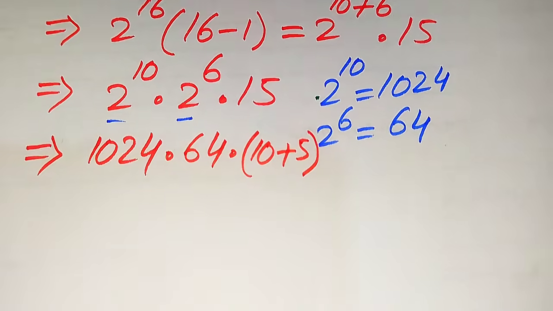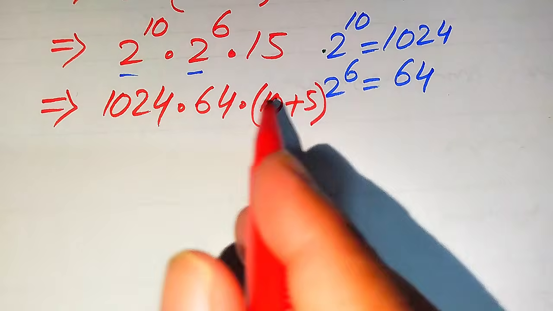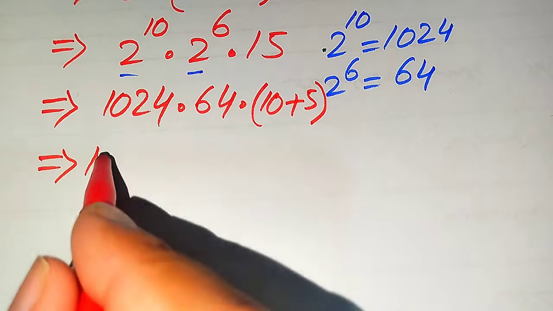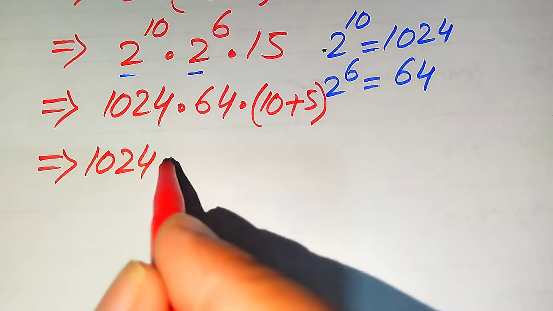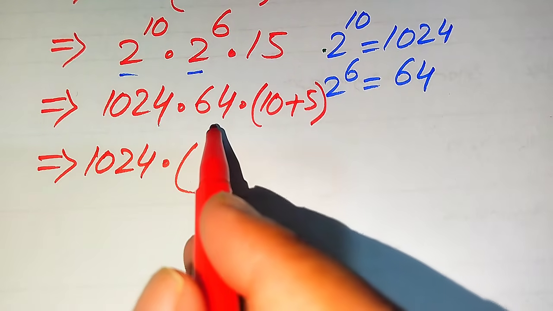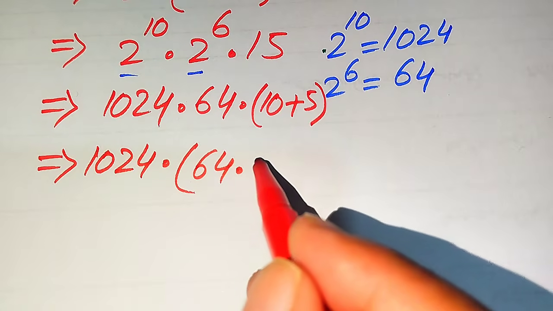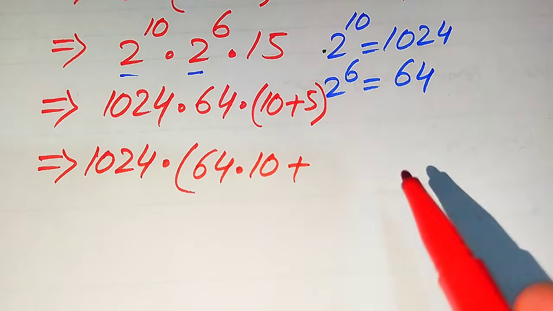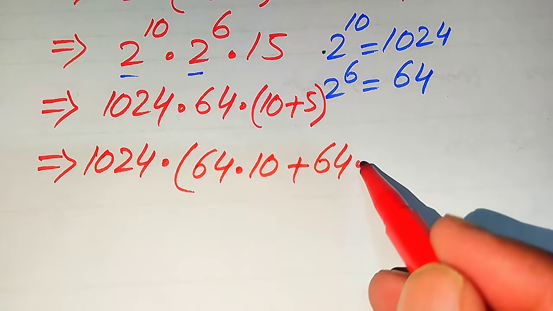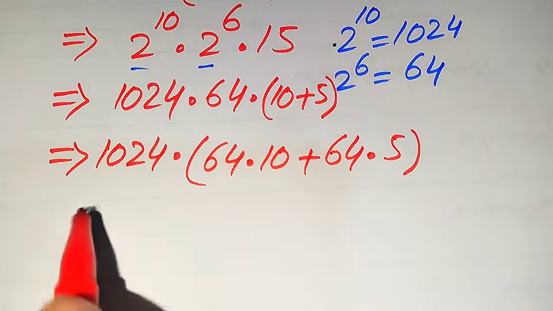Now further in the next step we need to multiply 64 with both of these values and it will be written as 1024 multiplied by 64 multiplied by 10 plus 64 multiplied by 5.